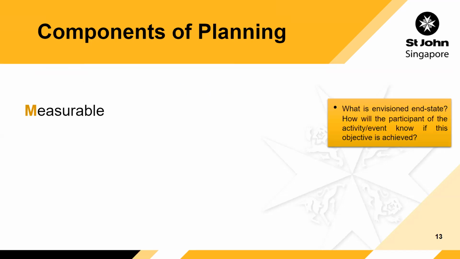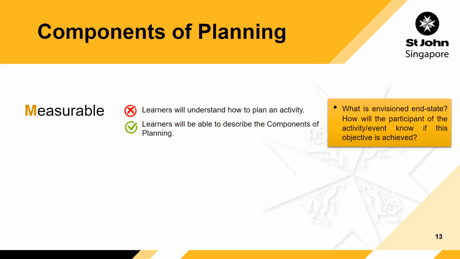Measurable. How will you or your participants know whether the objective is achieved? Using my current lecture as an example, if I only state that I want you to understand how to plan an activity, I won't be able to judge whether you actually learned how to plan an activity. So for me to measure whether my objectives have been met, I will expect you to be able to properly describe the components of planning as I mentioned before.